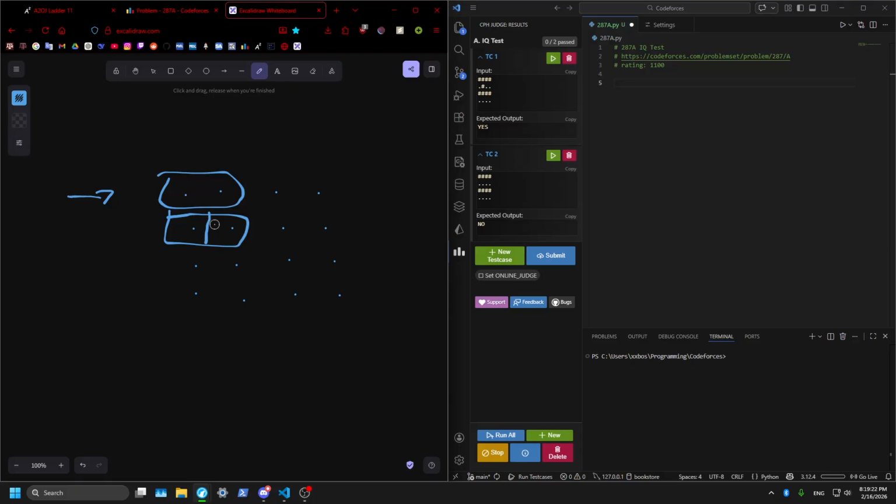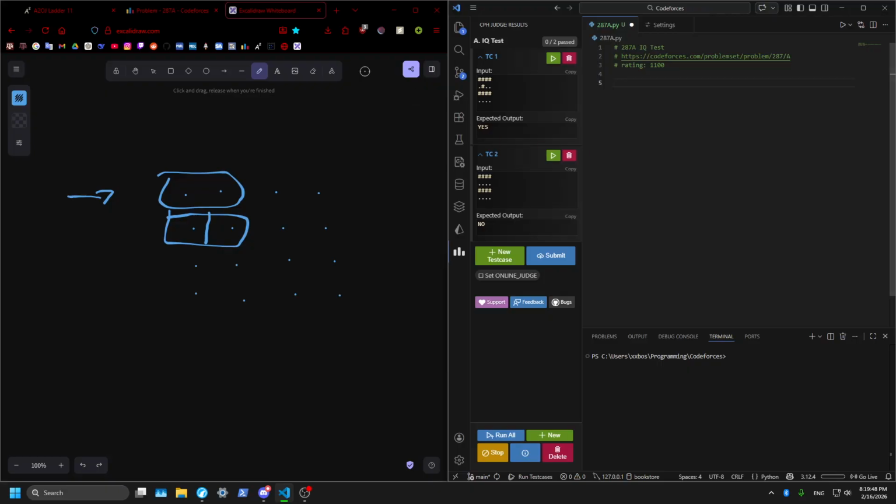If it's 1, print yes, else print no. Wait, if it's 1, print yes. If it's 2, print yes, else continue. And we look through the next. Doesn't seem that bad of a problem. It's just a brute force problem.